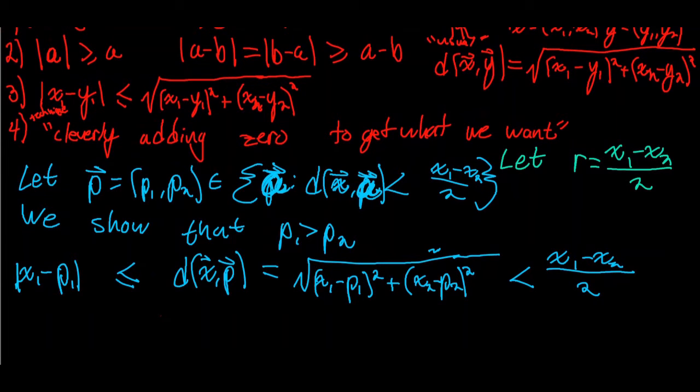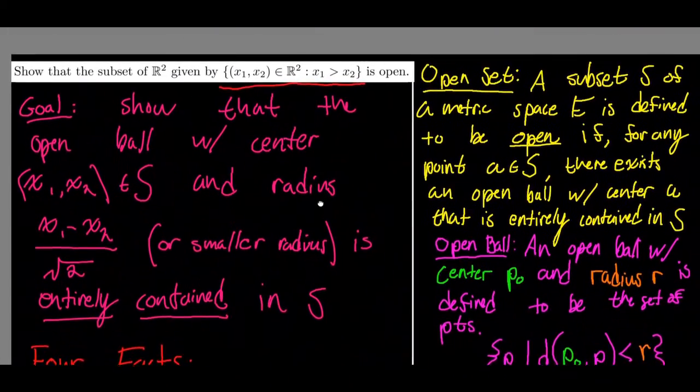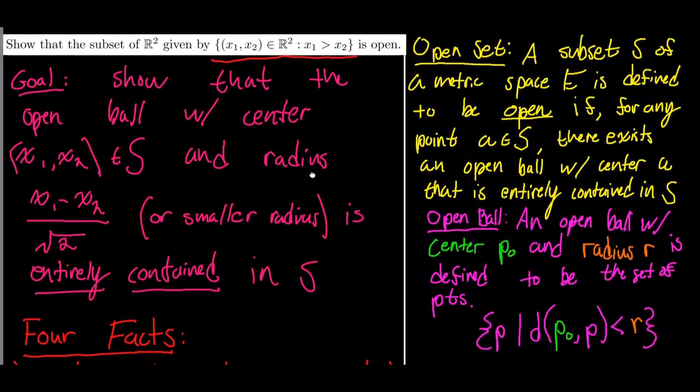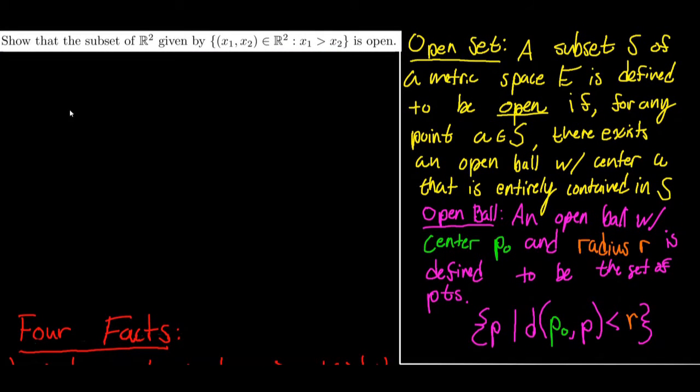Let me move up so I can have a lot of room. I'm going to clear some of this out of the way. Okay, so now comes what is in some ways the trickiest part of the argument. Remember, we wish to show that P1 is strictly greater than P2, which is the same as saying that P2 is strictly less than P1.